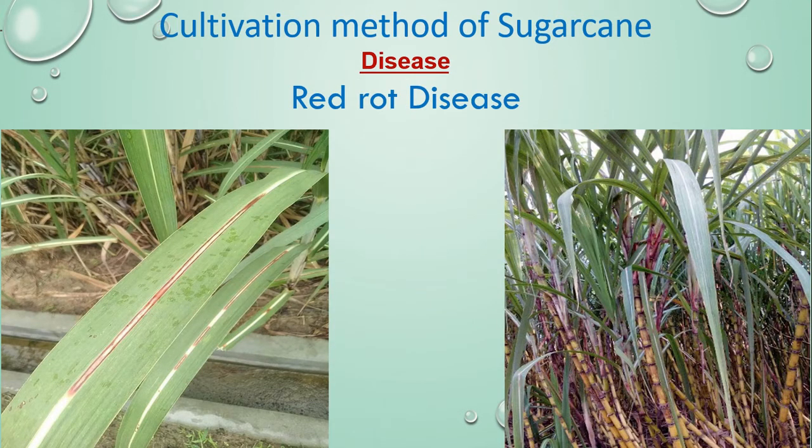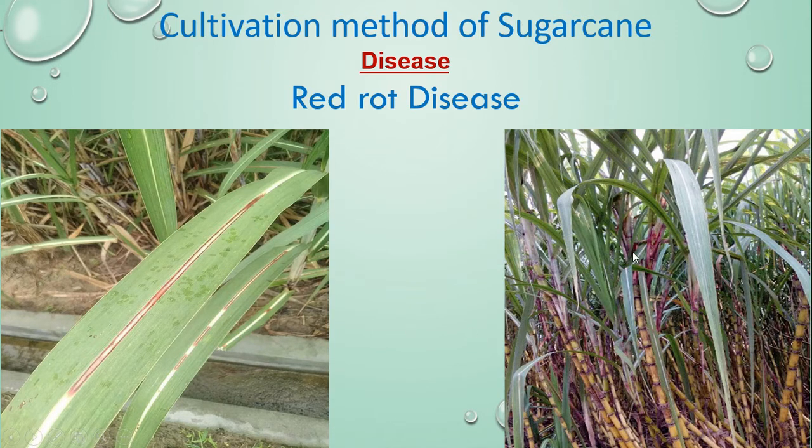Here I will try to show you some pictures where you can observe the red rot disease symptoms. If you have a look at the leaf of the sugarcane, you can see a red or slightly yellowish or brownish streak in the leaf, and later when the attack is severe, the leaf will dry and become more yellowish, and later it will be dry and rotten.